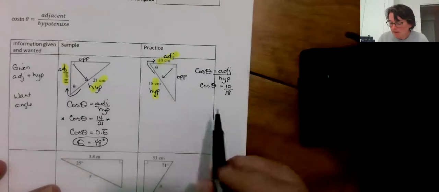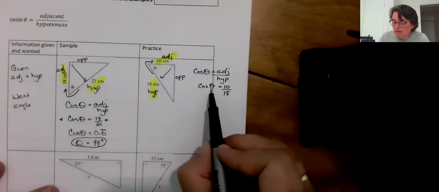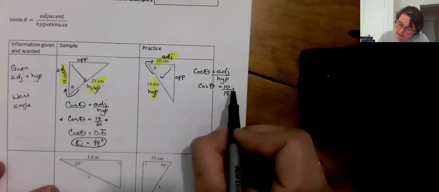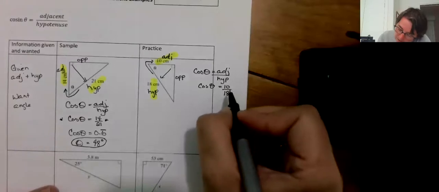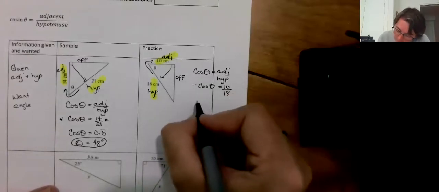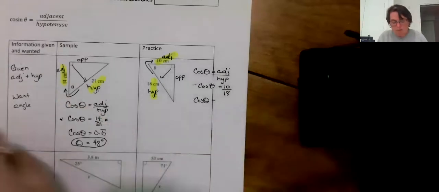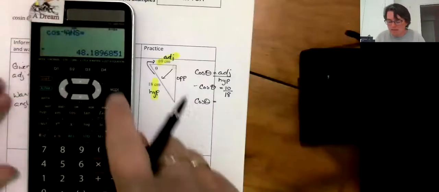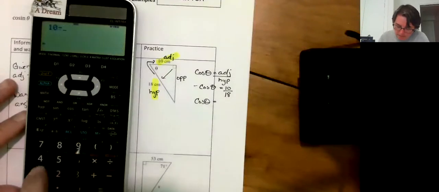All right, checkpoint. First of all, I should have 2 numbers and an unknown. There's my unknown. And in this case, hypotenuse should be the bigger of the 2 numbers. So we are good here. So cos theta. Okay, I'm going to say it's 0.5 repeating, but I'm just guessing. 10 divided by 18.